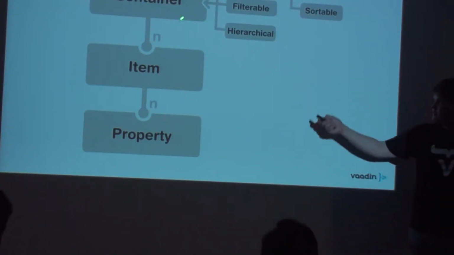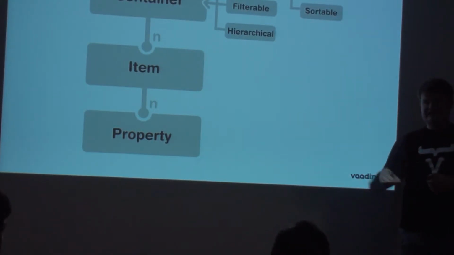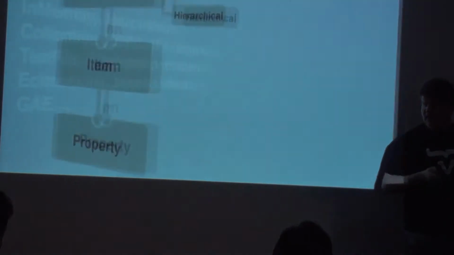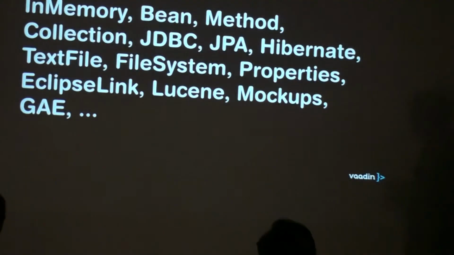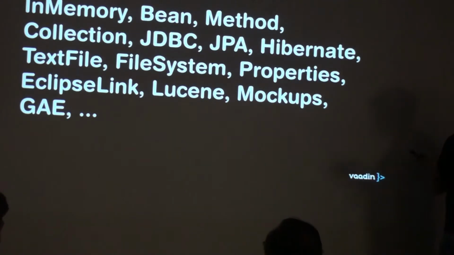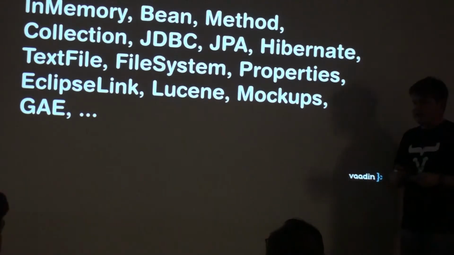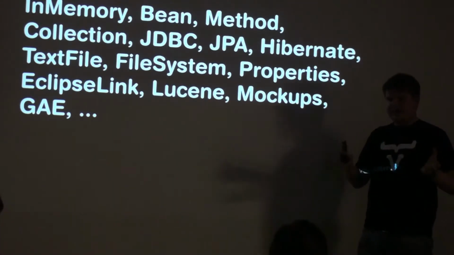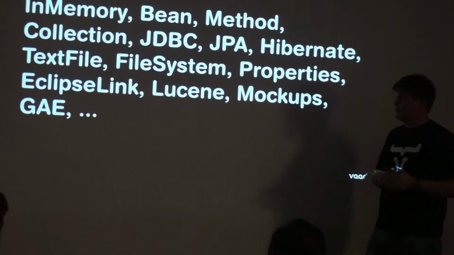All of these are simple Java interfaces, so you can implement any of these data models and connect them to any UI component. There are also quite a few implementations in there, so in most cases you don't even have to implement anything yourself. You can take a JPA container and just bind directly to JPA beans, and that's it.